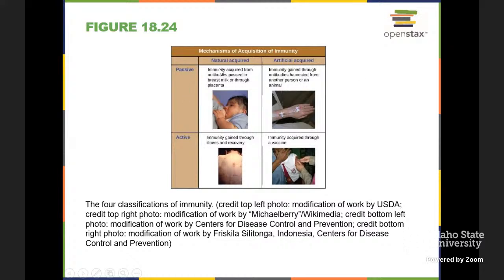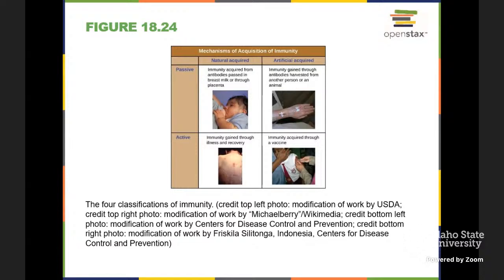With the passive, for naturally acquired, we can think about this passive response like immunity that's conferred to that newborn before it hatches out, with the IgG that crosses the placenta, conferring a bit of immunity. That's passive and it's natural. Mother is giving it to that child. And we also think about antibodies within the breast milk, IgG and IgA.